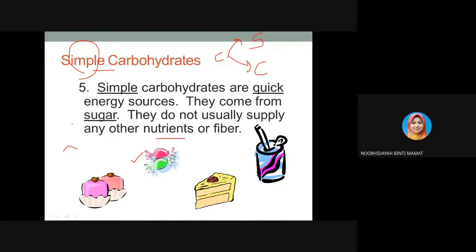That means the simple carbohydrates produce a spike in our blood glucose, providing the body with a short lasting source of energy. They can be quick energy sources, but also short lasting energy, because they are made up of shorter chains of molecules.